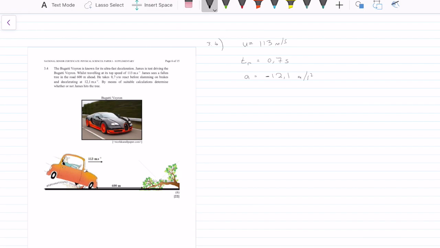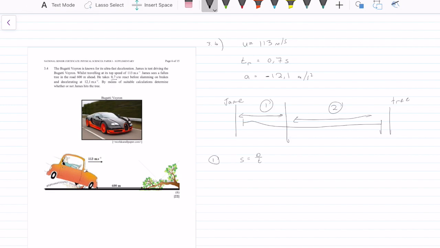For the first 0.7 seconds, he hasn't applied the brakes, so he's just traveling at constant velocity. Let's make a nice, not very straight, diagram: we have a tree here, and we have James here. This is 1, this is 2. For the first part of his travels, he's traveling at constant velocity, so speed equals distance over time.